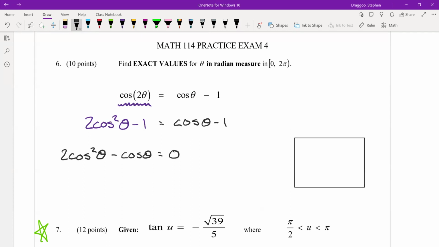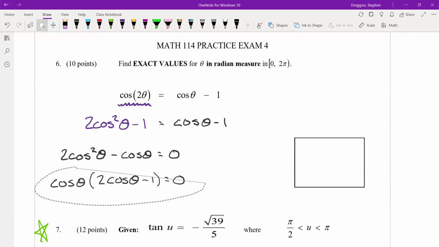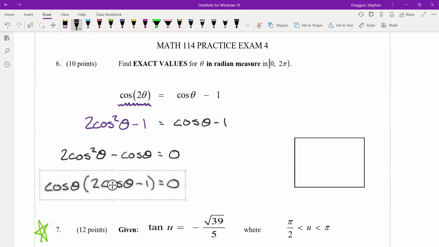Now, looking at that left side, it's going to factor. I can pull a cosine of theta out and be left with 2 cosine theta minus 1, again still equal to 0. Line that up so my equal signs go down a straight line.